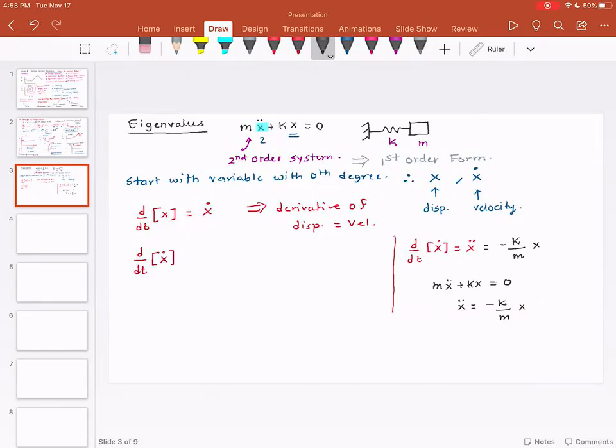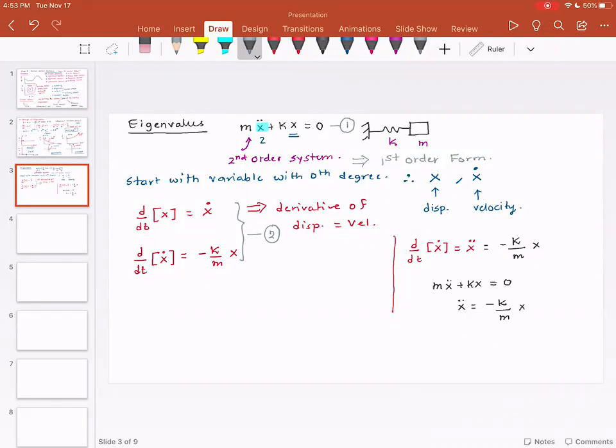So I would go ahead and write this equation here, minus k by m x. So if you look at equation 1, this equation was written in the second order form. That equation we converted in equation 2 in the first order form.